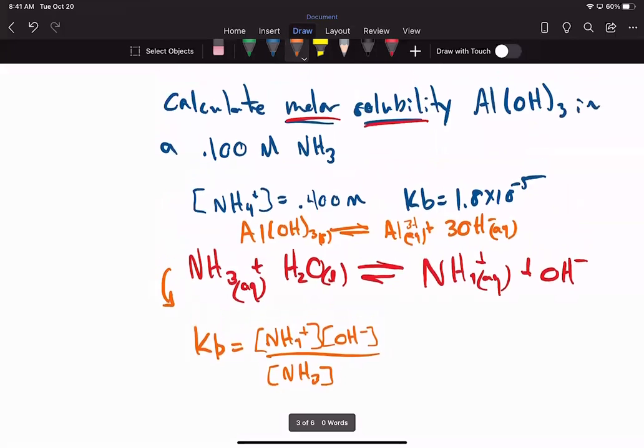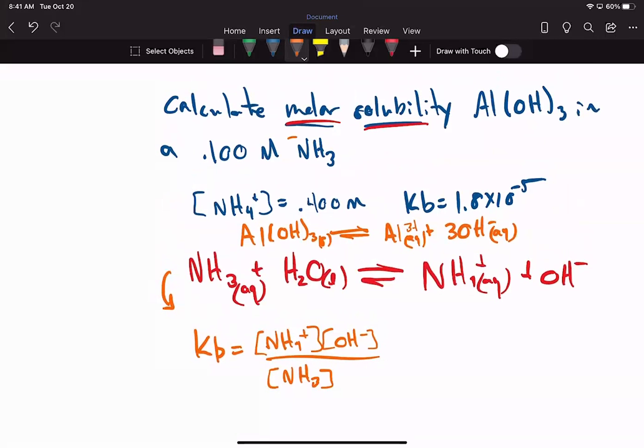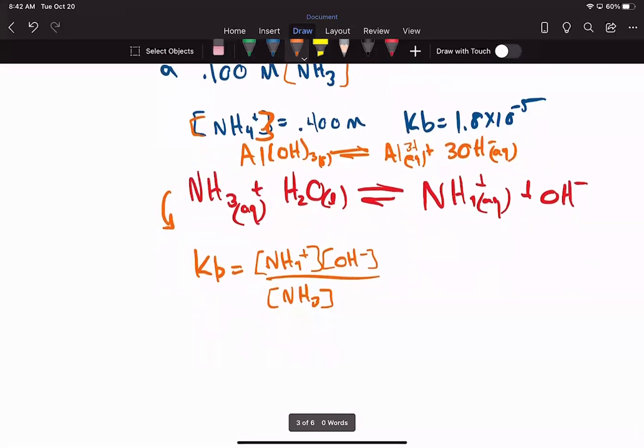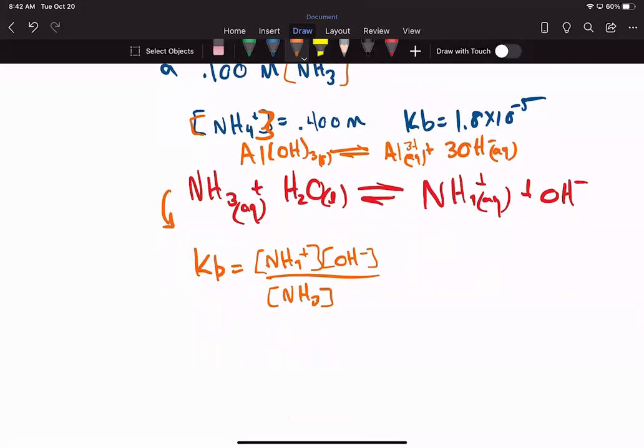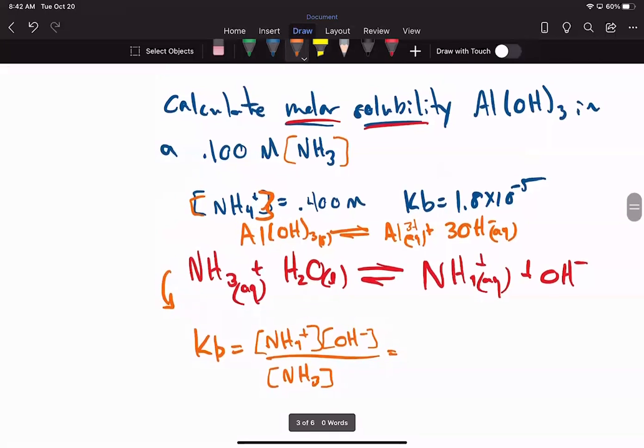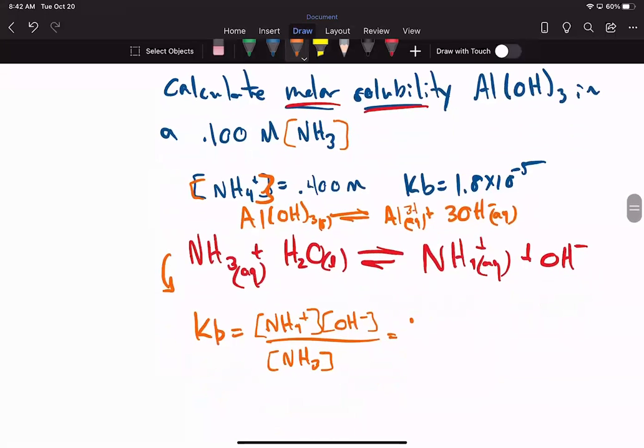Fortunately for this one, we're given two concentrations: the concentration of ammonia and the concentration of ammonium, making this a lot easier. And this Kb equals 1.8 times 10 to the minus 5.